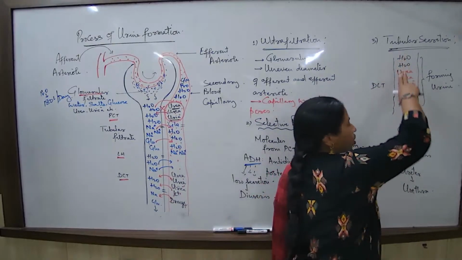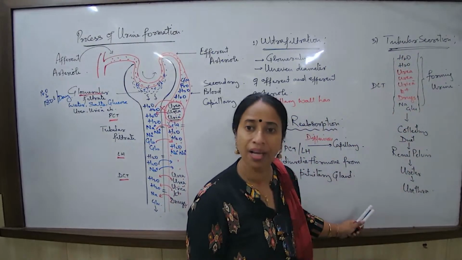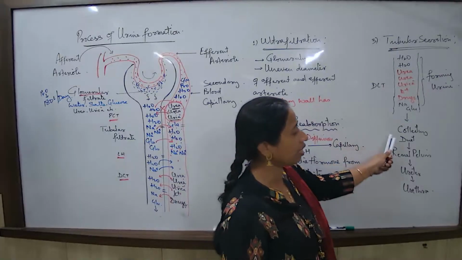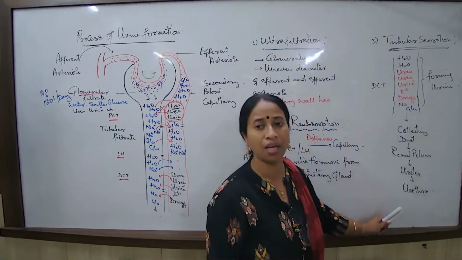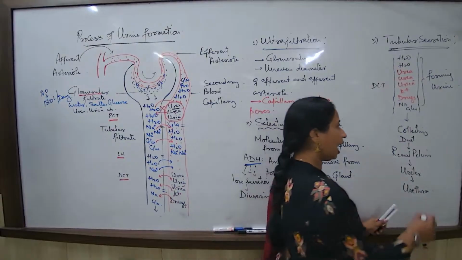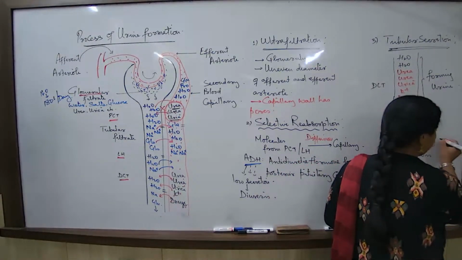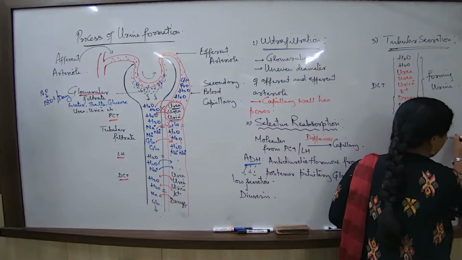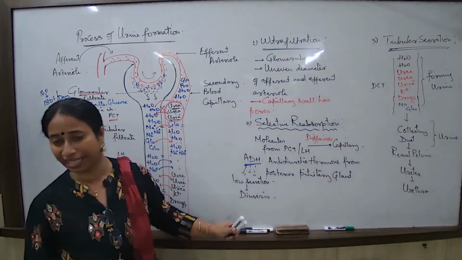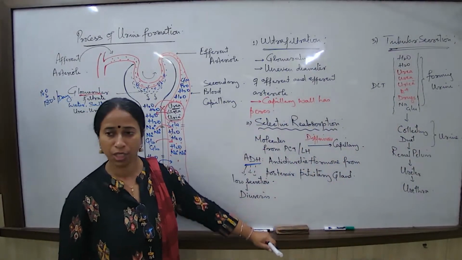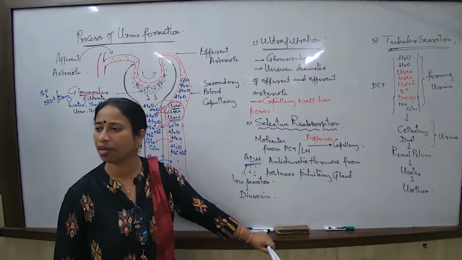That is the composition that is getting formed now in the DCT, which is now getting conveyed to the collecting duct. So this is what we are talking about as the forming urine, and in the collecting duct it is the urine now. The fluid that is flowing in the collecting duct, almost to be conveyed to the renal pelvis, this is the urine.